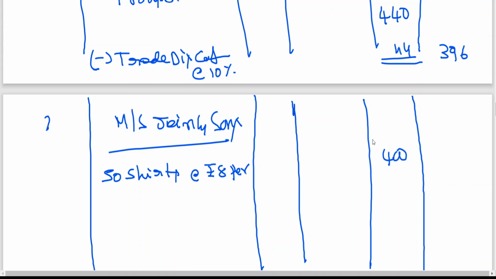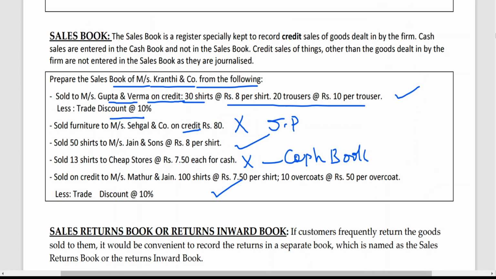We don't have any information of trade discount. So for this particular transaction, he has not given any trade discount. Next. This is completed. This will be taken to cash book.